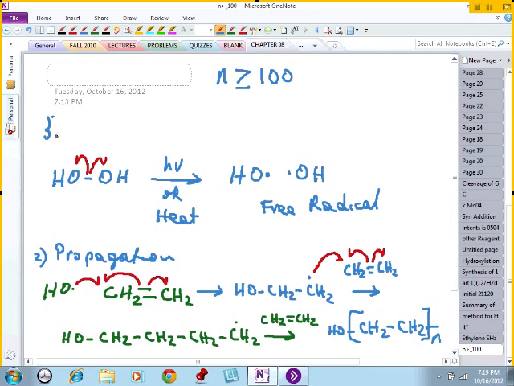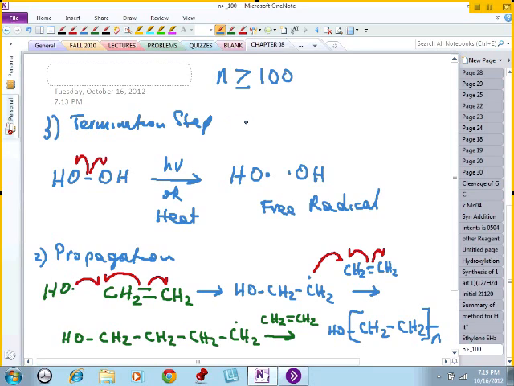Step 3. In the termination step, anytime you have any two free radicals come together, that terminates the process.